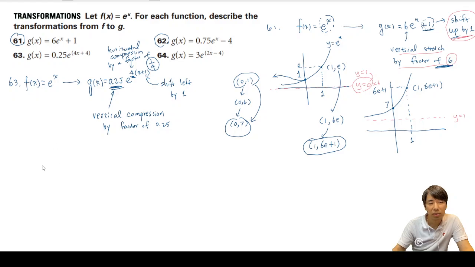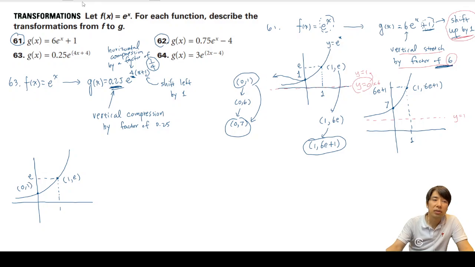So let's try to graph this thing. Again, f of x equals e to the x is this exponential growth function. So this point is 0, 1, and the reference point that we're going to use is 1, e. Okay, so what's going to happen to these points, these coordinates?